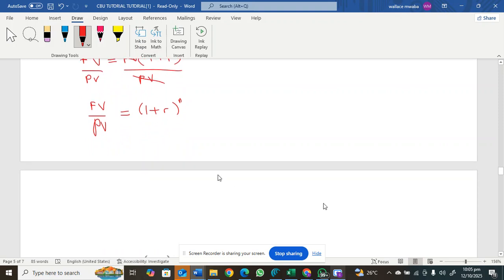All right. So we're going to introduce logarithms on both the left hand side and the right hand side.